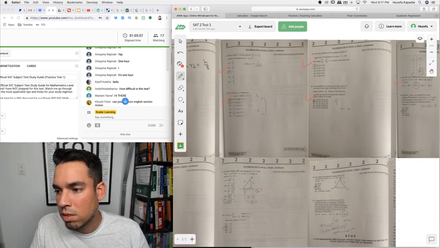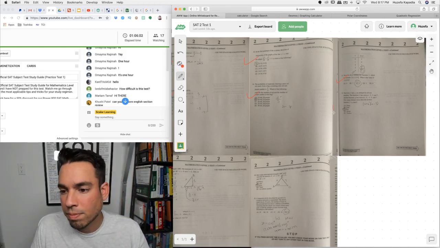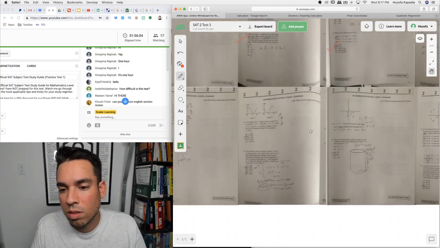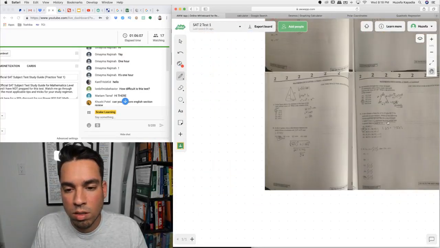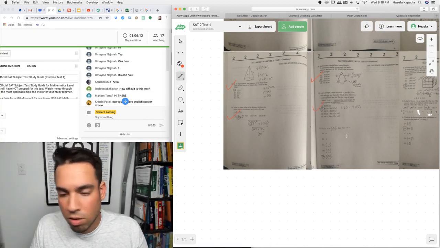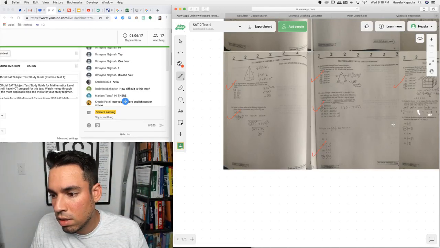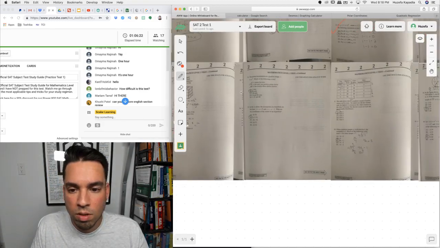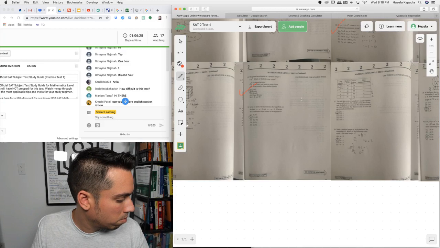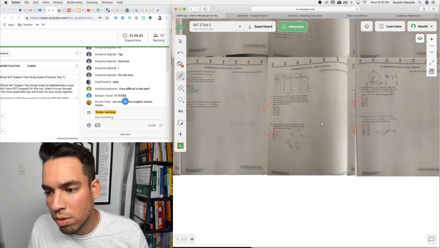21 is C A A B C. Okay, 26 is C A E D B. 31 is E D D B B. 36 is B A C D D. Okay, looking good.